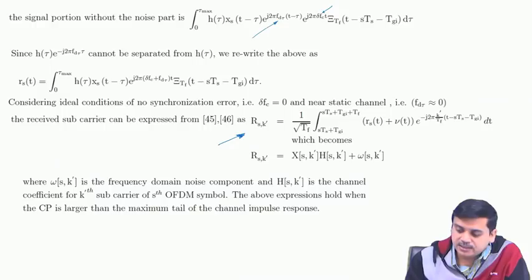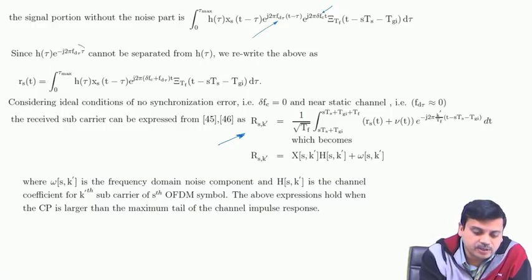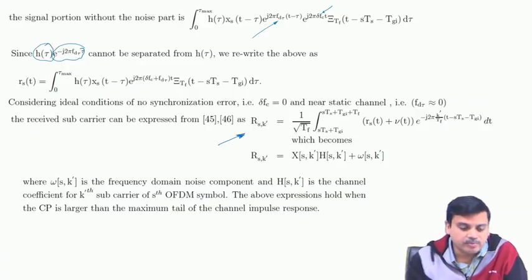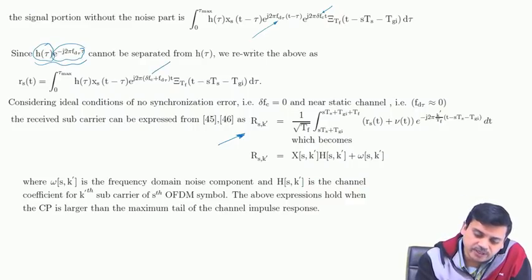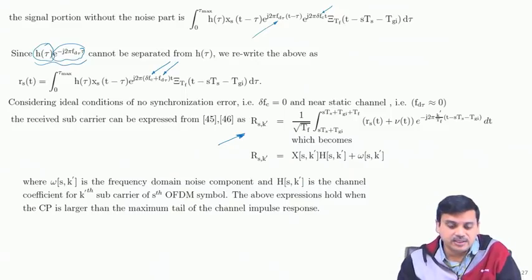In that case this particular part, which is complex, cannot be distinguished from h of t, which is also complex. So, together one is going to get a complex coefficient, and what we have here is effectively the residual carrier frequency and a certain amount of Doppler which is associated with the signal.